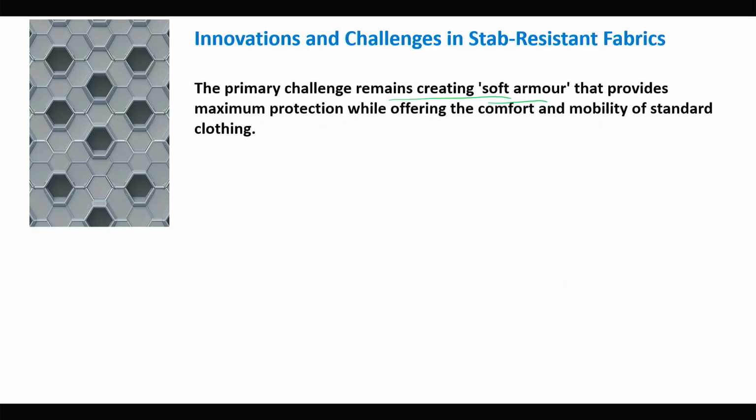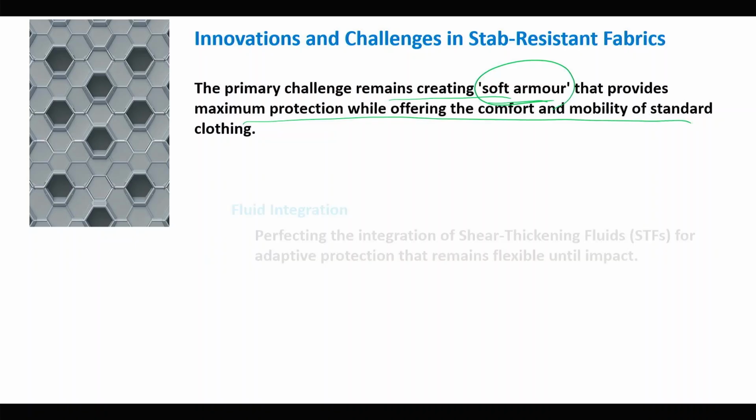So, we have to create soft body armor, for which we initially discussed that we can use shear thickening fluid. That soft body armor provides maximum protection while offering the comfort and mobility of standard clothing.